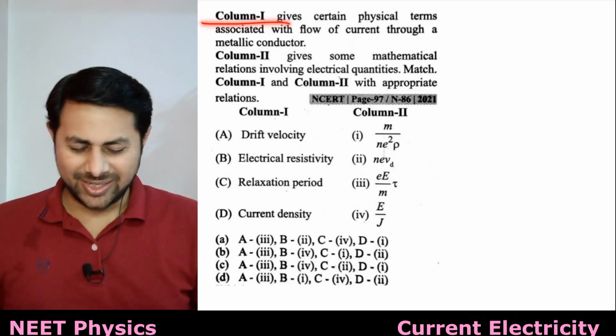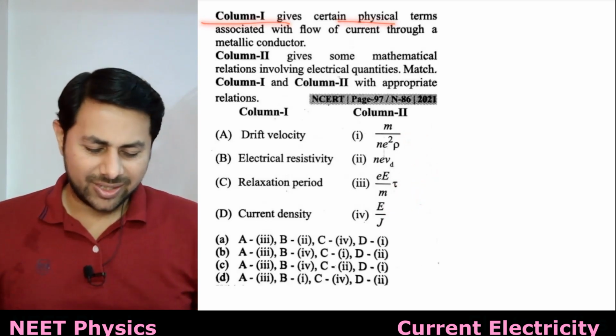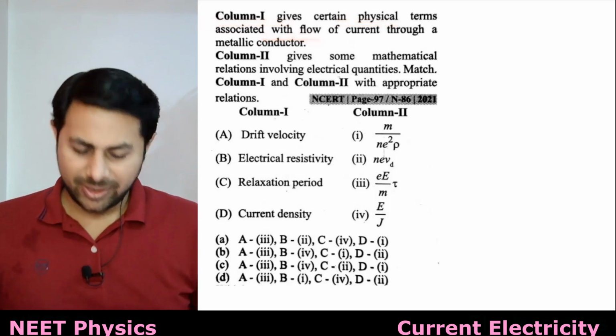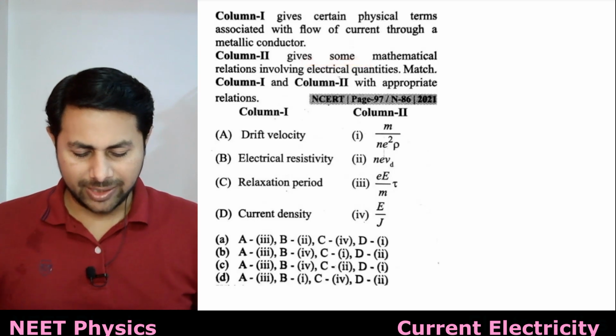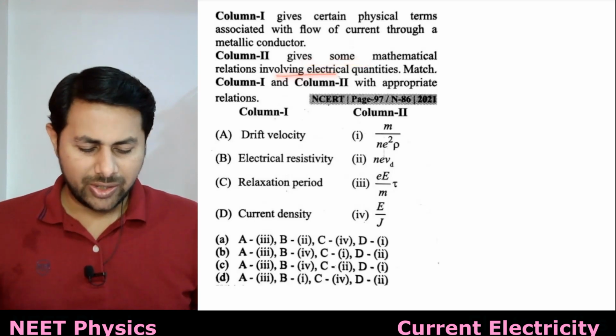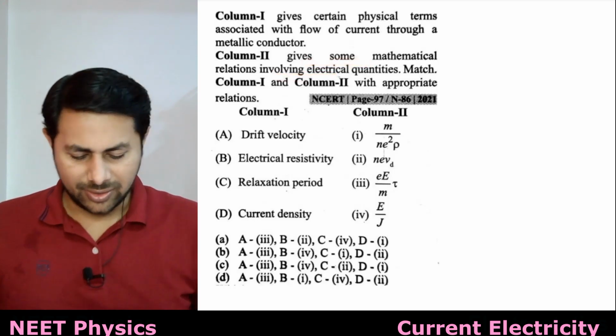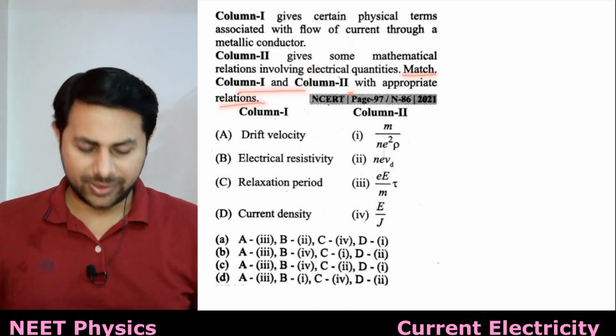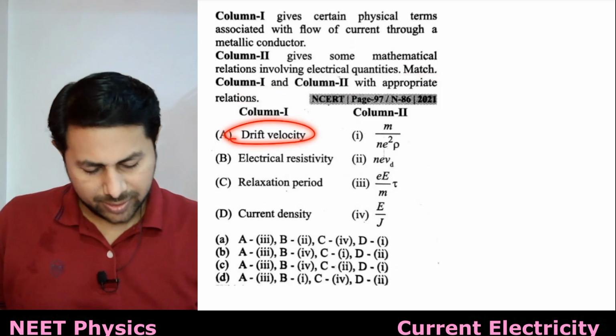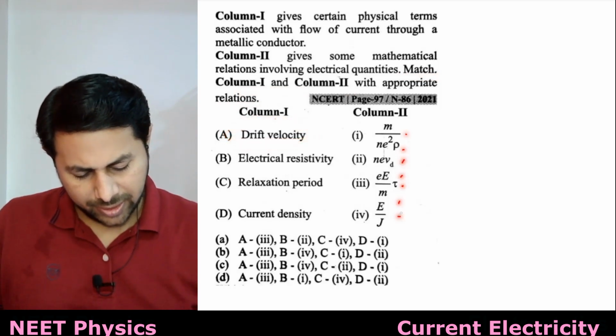Column 1 gives certain physical terms associated with the flow of current through a metallic conductor. Column 2 gives some mathematical relations involving electrical quantities. Match column 1 and column 2 with appropriate relations. Drift velocity: do we have a relation for drift velocity here?